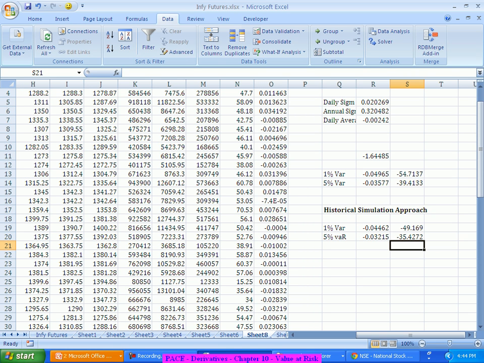So if you have bought one share of Maruti today by spending 1102 rupees, tomorrow there is a 1% chance that you will lose more than 49 rupees. There is only a 1% chance that your loss is more than 49 rupees. 99% chance that your loss is lesser than that.